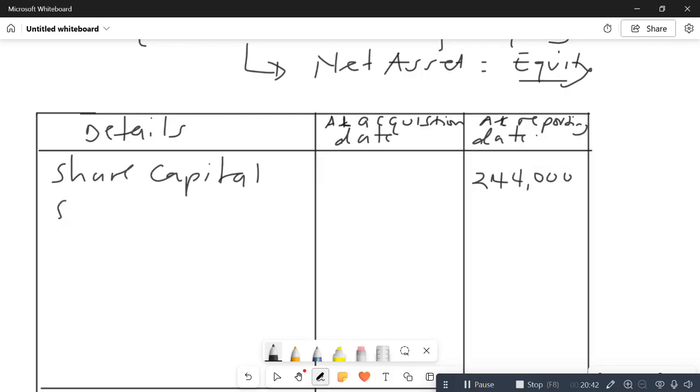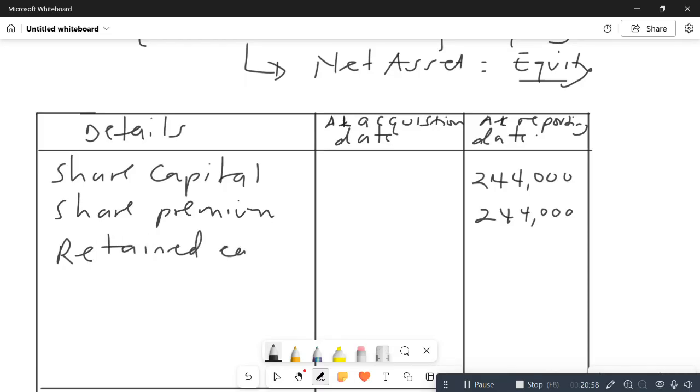Share premium still is 244. Then retained earnings, so it was 344. Yes, let's check that to confirm.